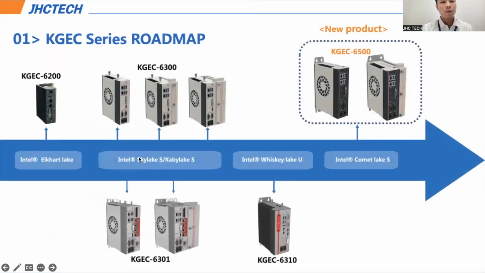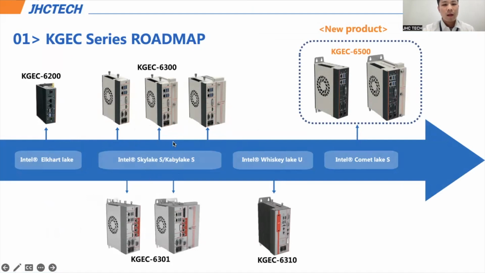The first part is the KGEC series roadmap. From this picture, we can see that we have several KGEC series products. First one is KGEC-6200. The processor is an Intel Apollo Lake processor. Next is KGEC-6300 and 6301.